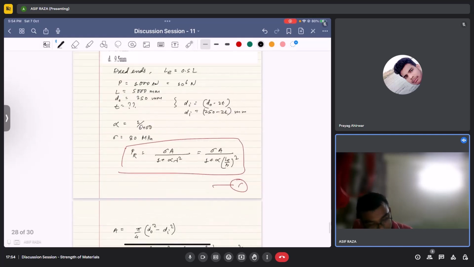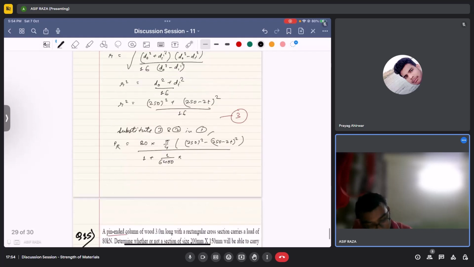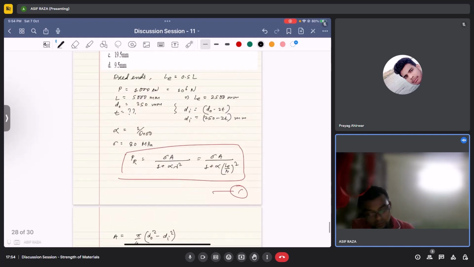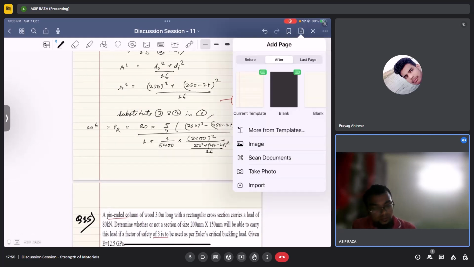Le is 0.5 L, so this would be 500 square. R square is 250 square plus 250 minus 2t square by 16. Let's do the simplification. Now PR would be equal to 1000 kilonewton, so I can write 10 power 6 here.